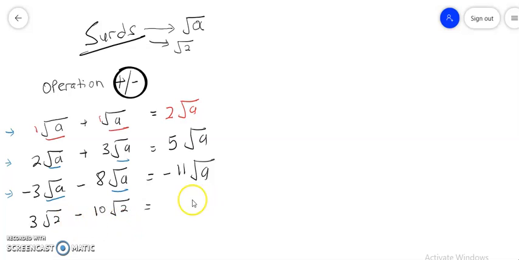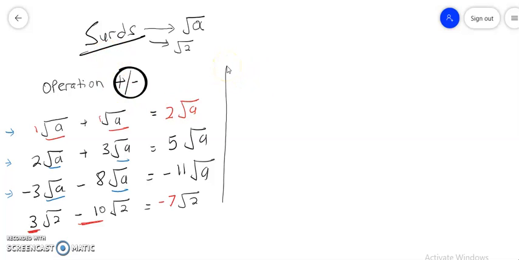This square root of 2 behaves like an algebra and we should remain this. Now we focus on the numbers. Here we have 3 and here we have negative 10, so your answer here will be negative 7 square root of 2. This is for the addition and subtraction operations involving surds.